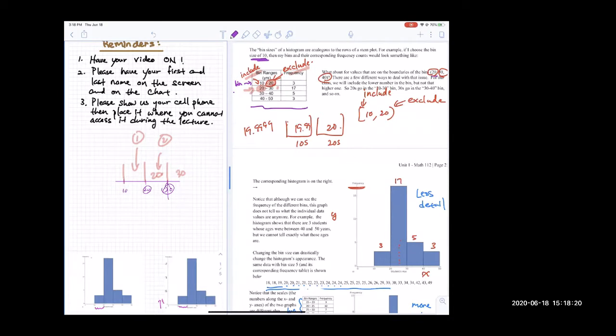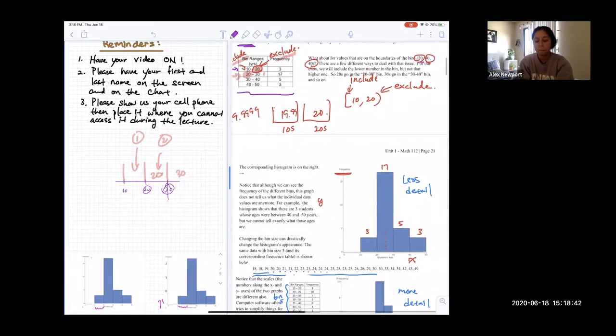Can you guys go over the variation of setting different class widths and show how the class width changes the appearance of your histogram? Joseph and Alex? Thank you.